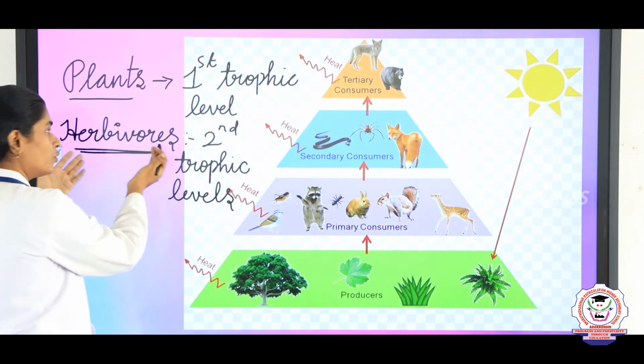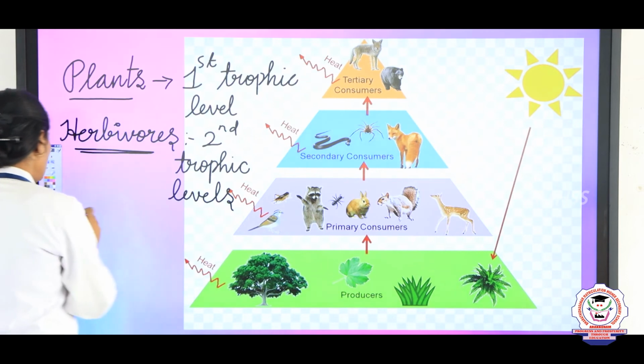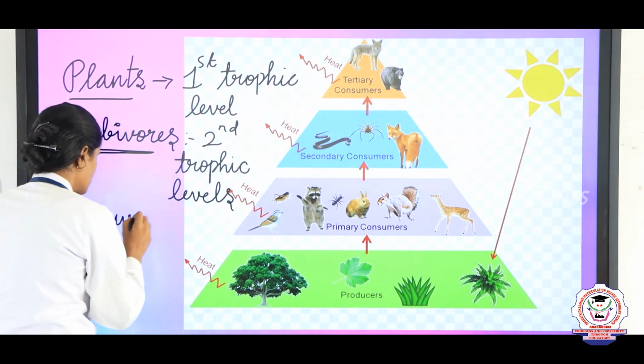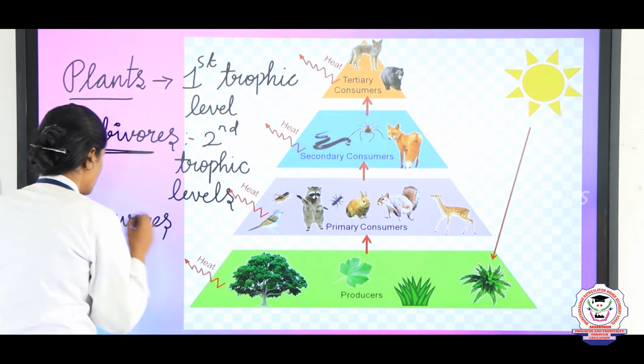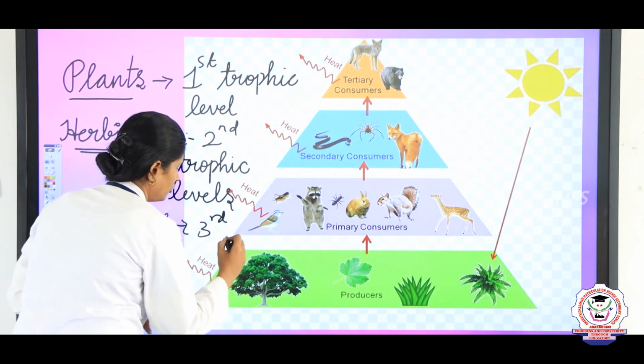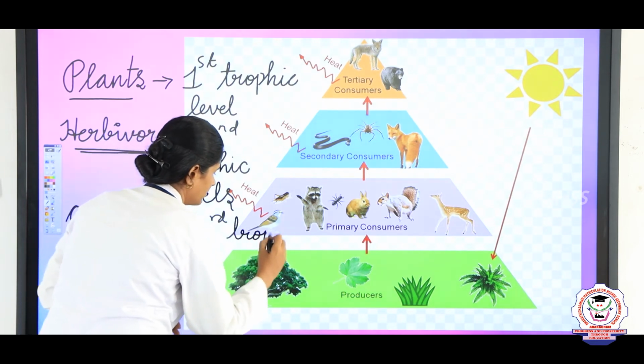And herbivores are eaten by the carnivores. The first carnivores are called the third trophic level.